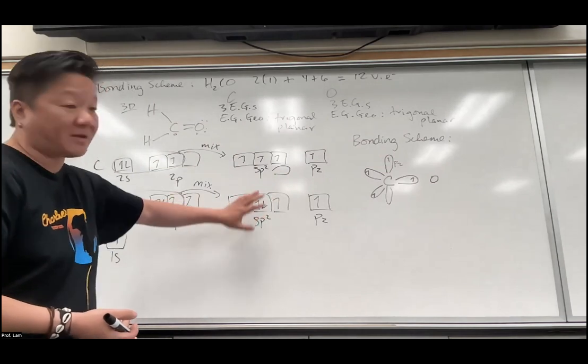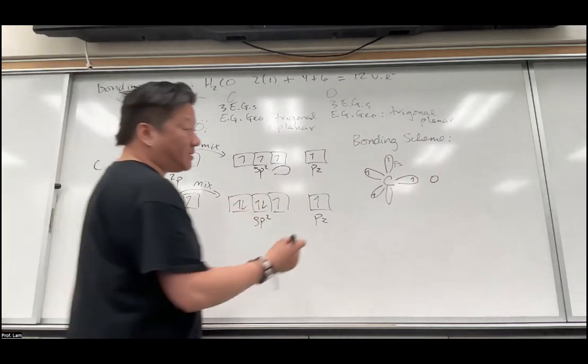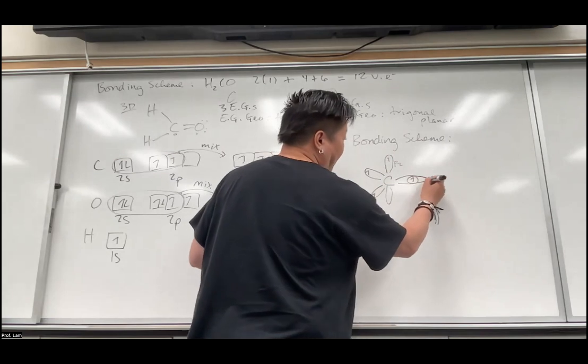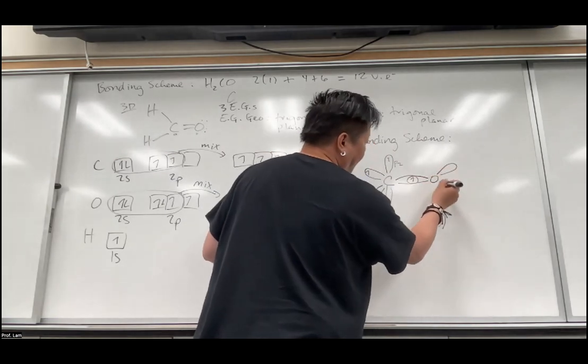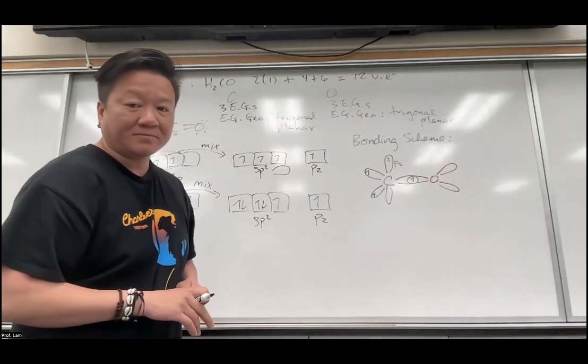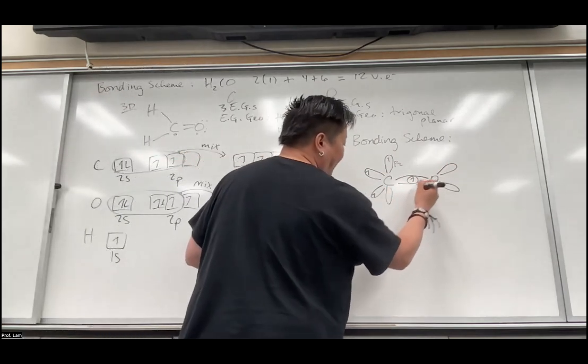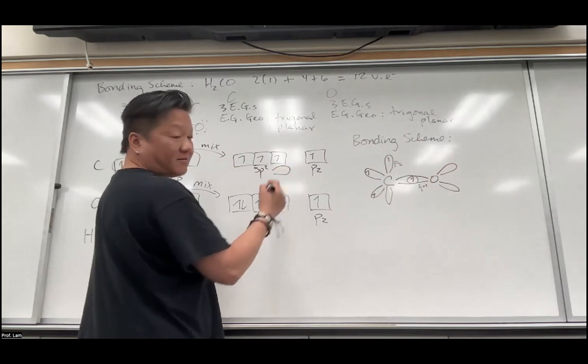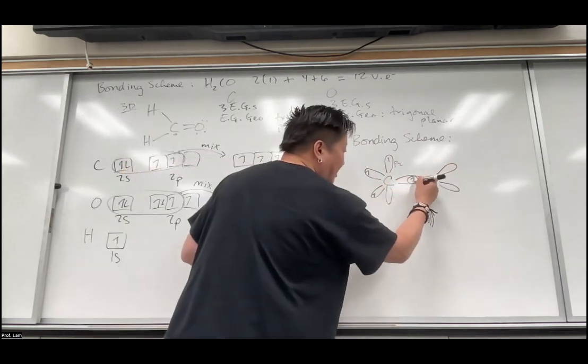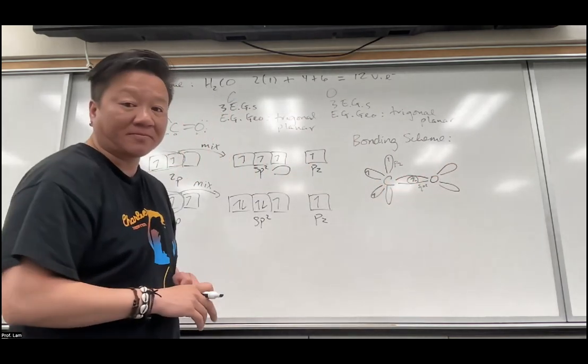That's how I need to put my 3 sp2 orbitals. It just so happens that the sp2 of oxygen has the 1 unpaired electron that it's going to share to make that sigma bond with carbon, right?